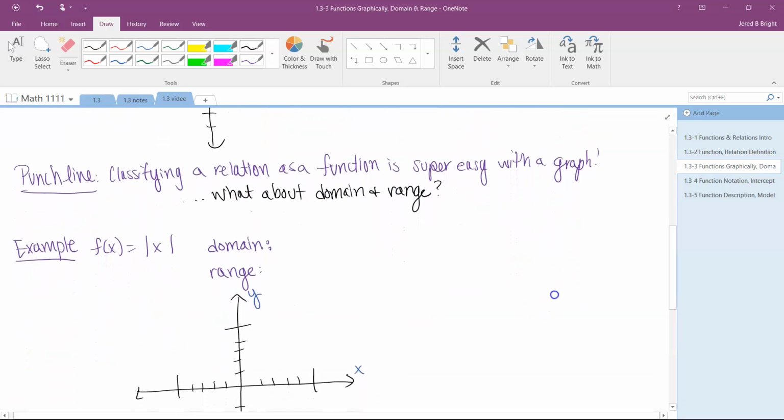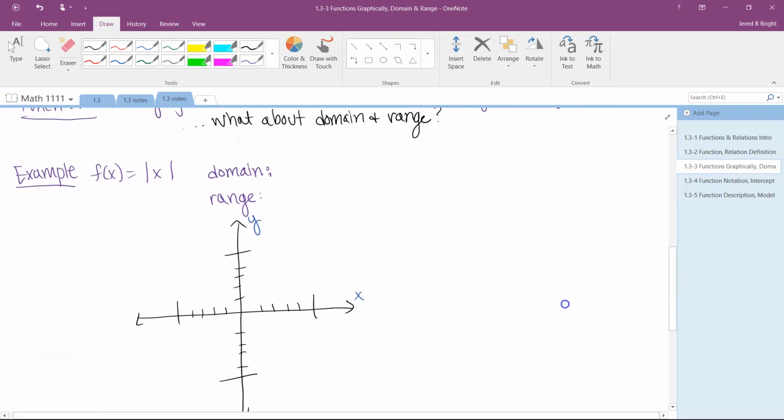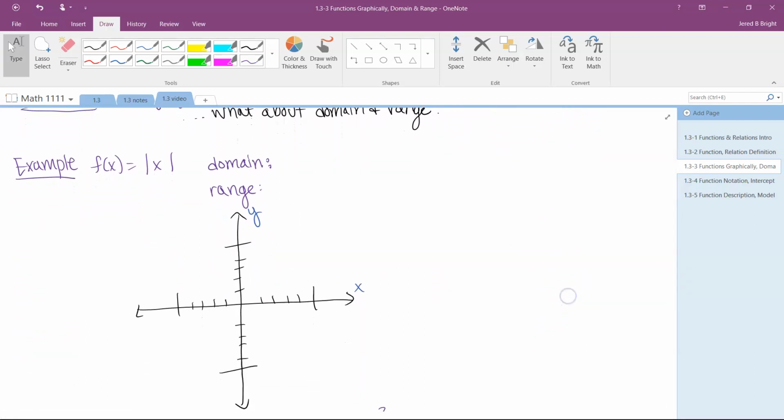So here's that notorious function that we left off with at the end of the last video. f of x equals absolute value of x. Now we haven't talked about the table form of a function yet, but table form really isn't super insightful other than make an xy table. You can pick values of x and compute the values of y.